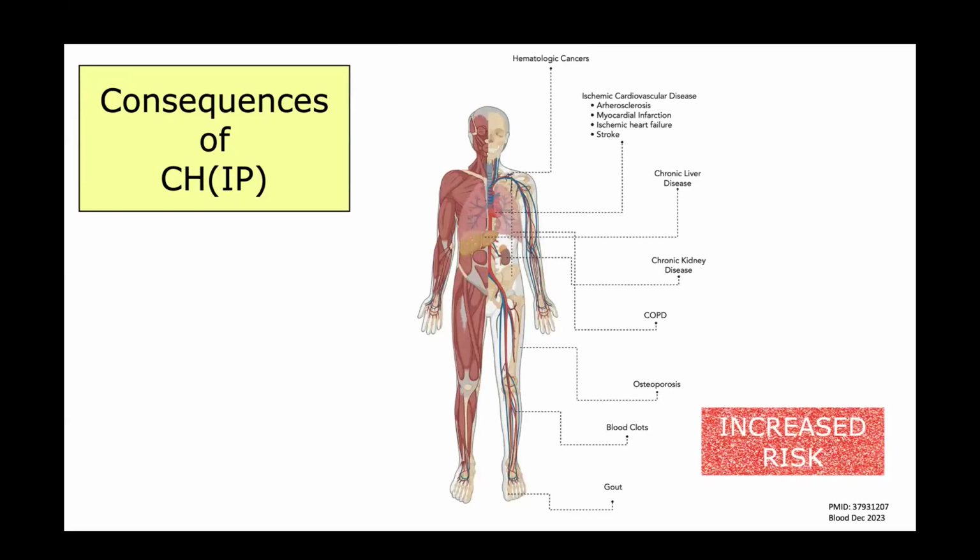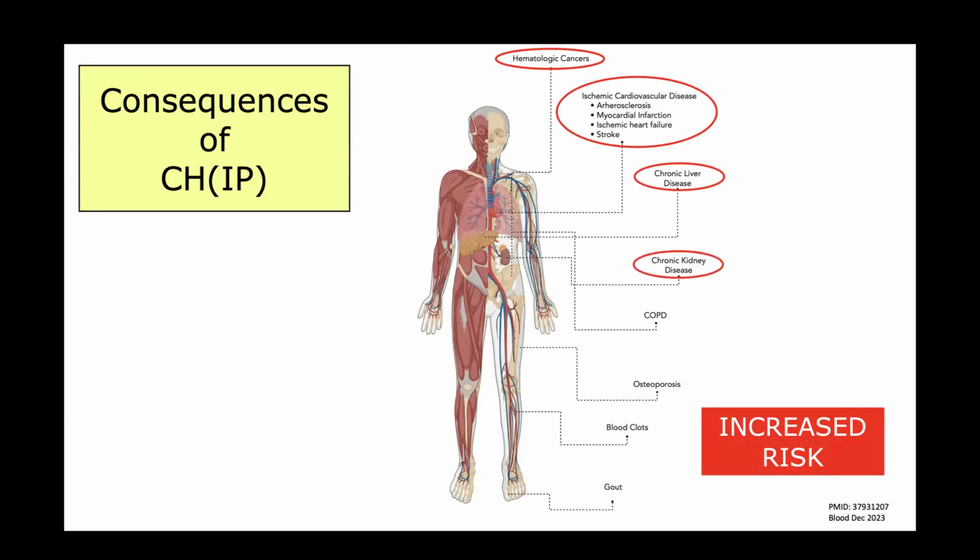So there's a heightened risk of hematologic cancers, as we know. As we've discussed, ischemic cardiovascular disease, atherosclerosis, myocardial infarcts, ischemic heart failure, stroke, as well as chronic liver disease, chronic kidney disease, COPD, osteoporosis, hypercoagulability, and gout. The risk of all of these diseases is increased in patients who have CHIP.